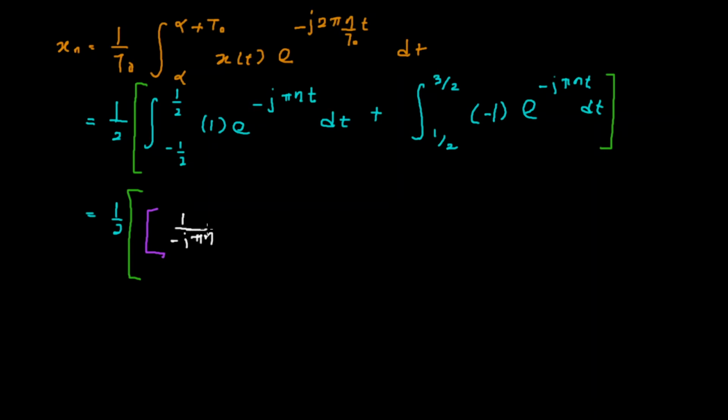This is what you're getting. Your exponent will remain because it's the integration. We can close the bracket, and we can have the value over here.